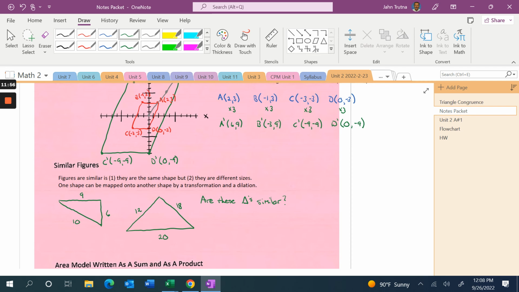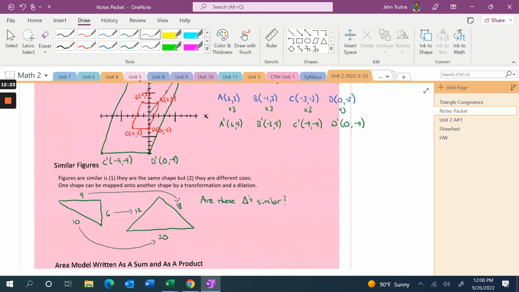And the answer is yes. What you would do is you would take this little triangle. First of all, you would flip it over and then you would rotate it a little bit around. So what you can see is that when I do that, the 6 would map to the 12. The 9 would map to the 18, and the 10 would map to the 20.